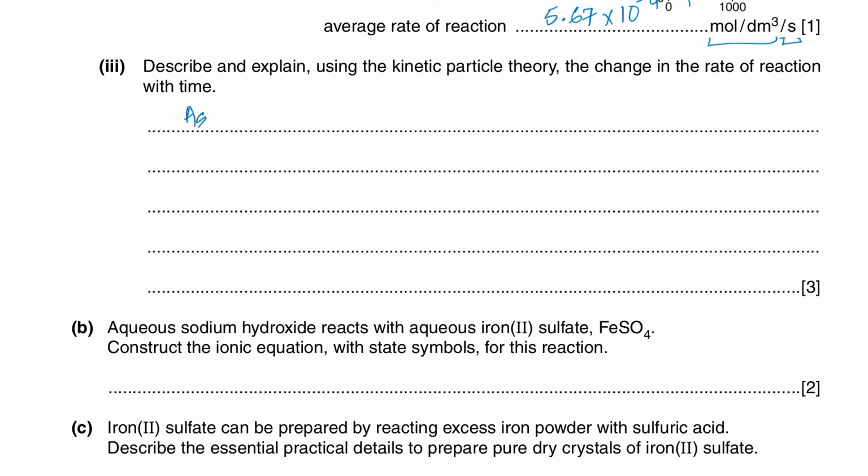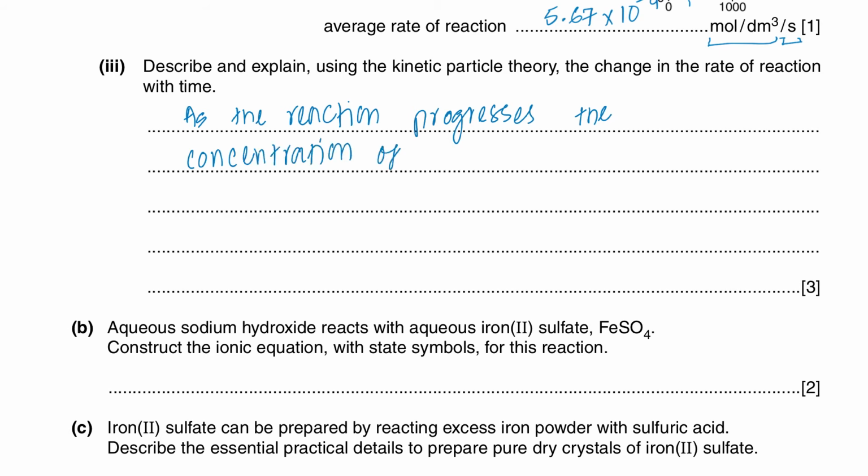As the reaction progresses, the concentration of the reactants, concentration, the word is important because it's concentration, not number of particles. Concentration of the reactants decreases as more and more are converted into ethanoate ions.